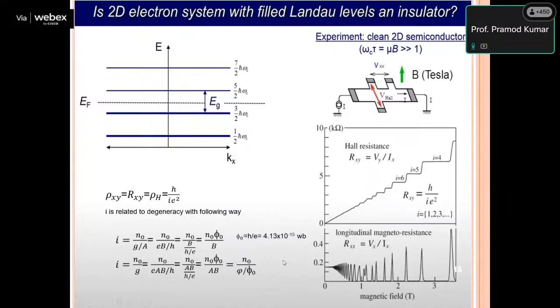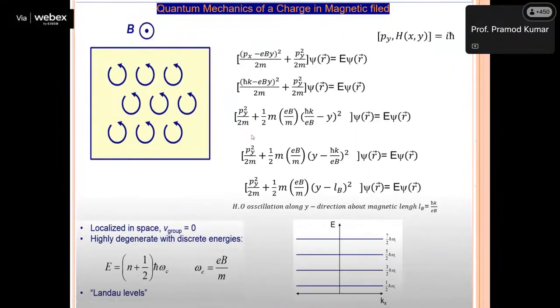So what we get from here are two concepts. Through the edges we get conduction due to skipping of the orbits, and in the center the material shows insulating nature.